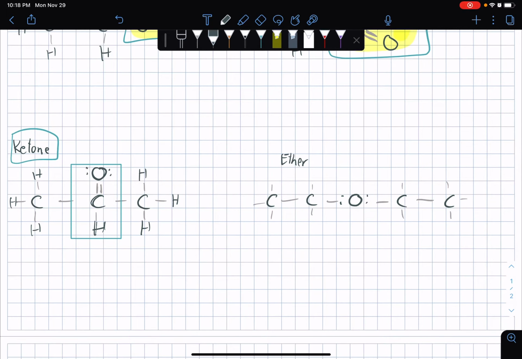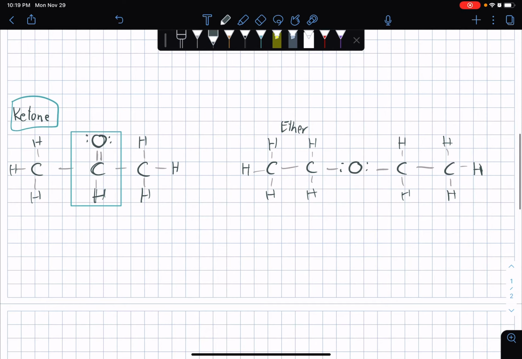But they both have the oxygen with 4 dots. That's the reason why I'm suspecting that ether and ketone are related. But of course, it's unproven yet. It's up to you to do further research in regards to that.